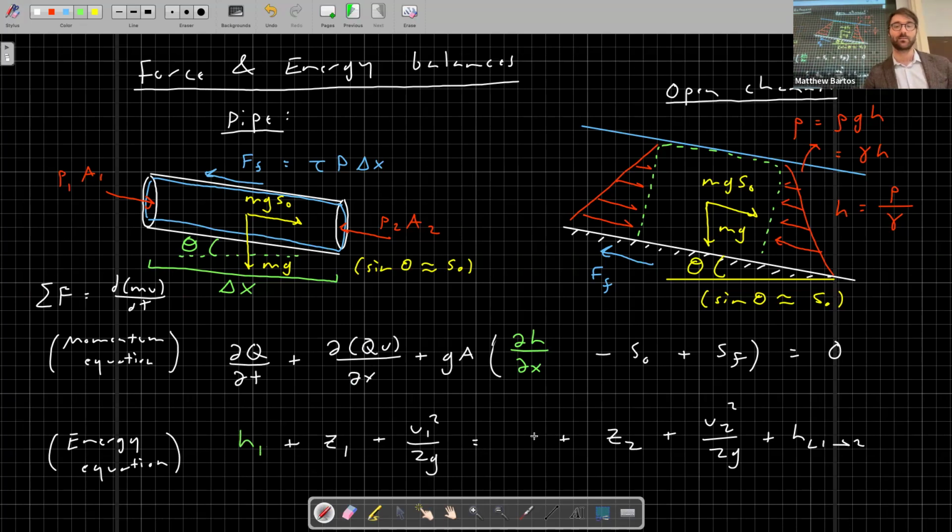So this will be h1, and this will be h2. So when we're applying the energy equation for open channel flow, generally that pressure head term will be expressed just as the depth of the water itself. Any questions on the force balance for open channel flow? So again, the same, but a little bit different.